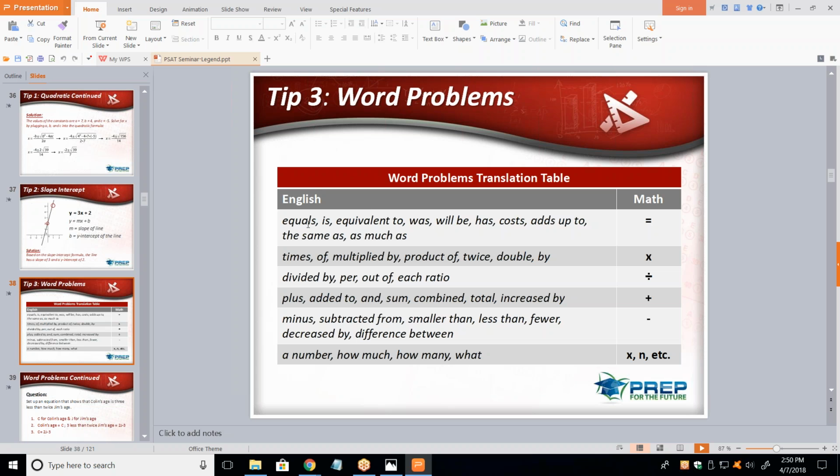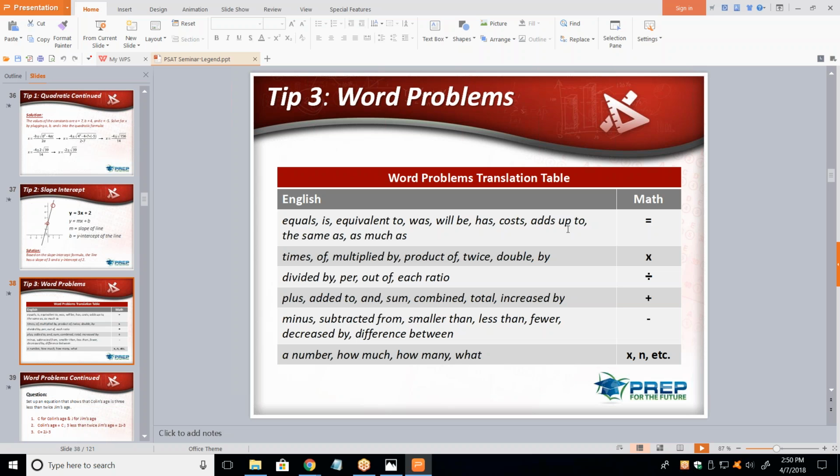If I say that A equals B, then I can write the equation A equals B. If I say Tom is 5 years older than Bill, the "is" means equal. Tom equals Bill plus 5.